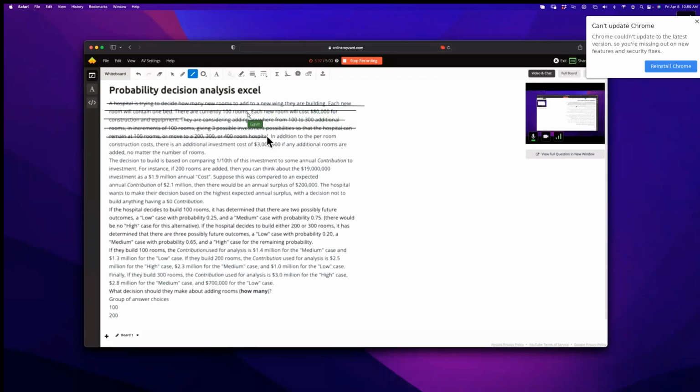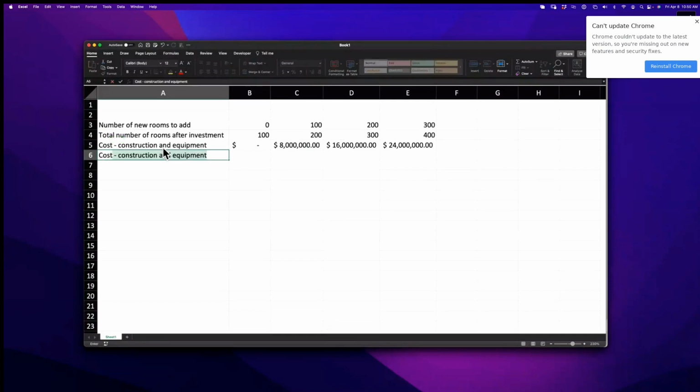In addition to the per-room construction costs, there is also an additional investment cost of $3 million for any additional rooms, no matter the number of rooms. So that's like a fixed cost. There's another cost, call it an investment cost, which is a fixed cost.